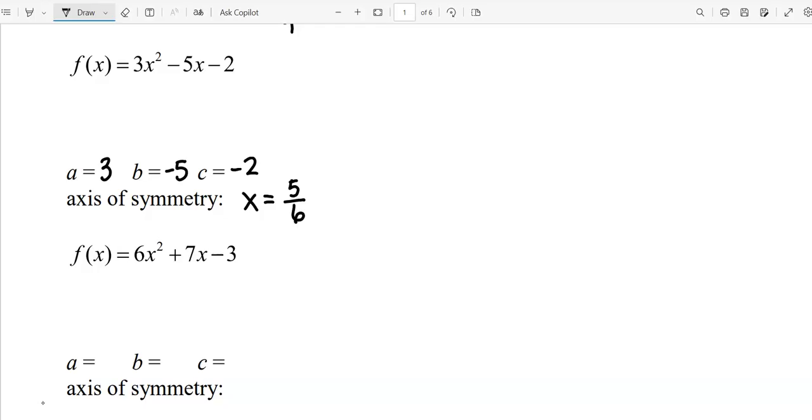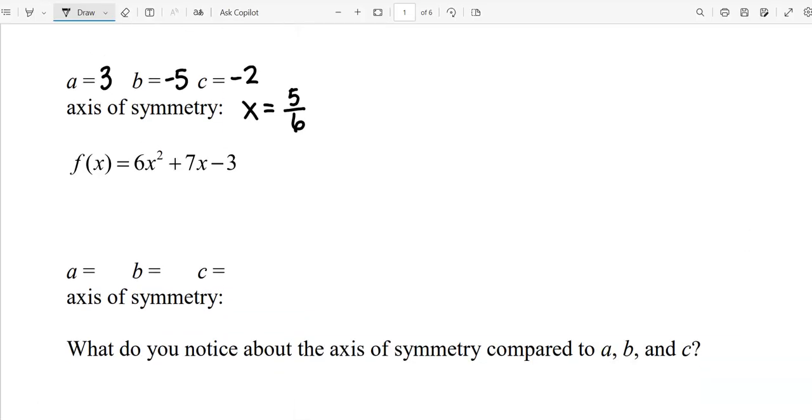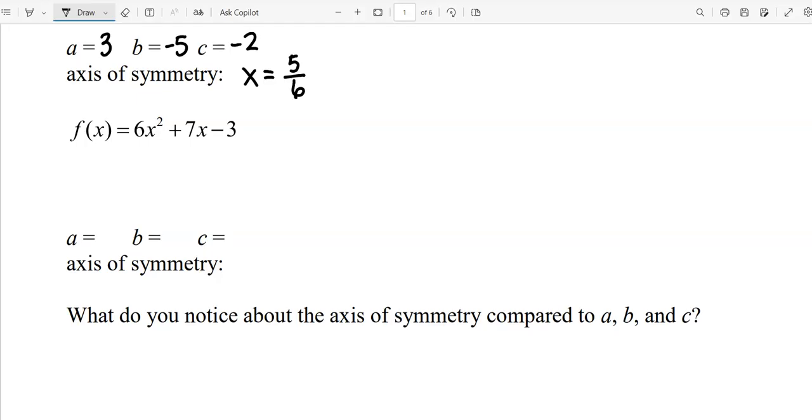X equals 5/6. Okay. In the next one, what's A? 6. What's B? 7. C? -3. Axis of symmetry. X equals what? Negative what? -7/12? I thought you said 5.